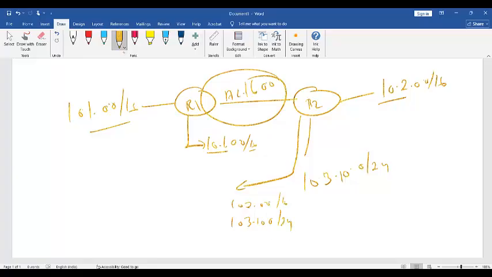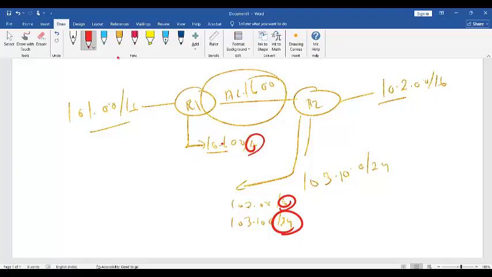Rest I don't have. So very clearly they advertise, and as a result R1 will learn these two and R2 will also learn that without any problem. If it is a classful protocol, they don't support variable length masks.